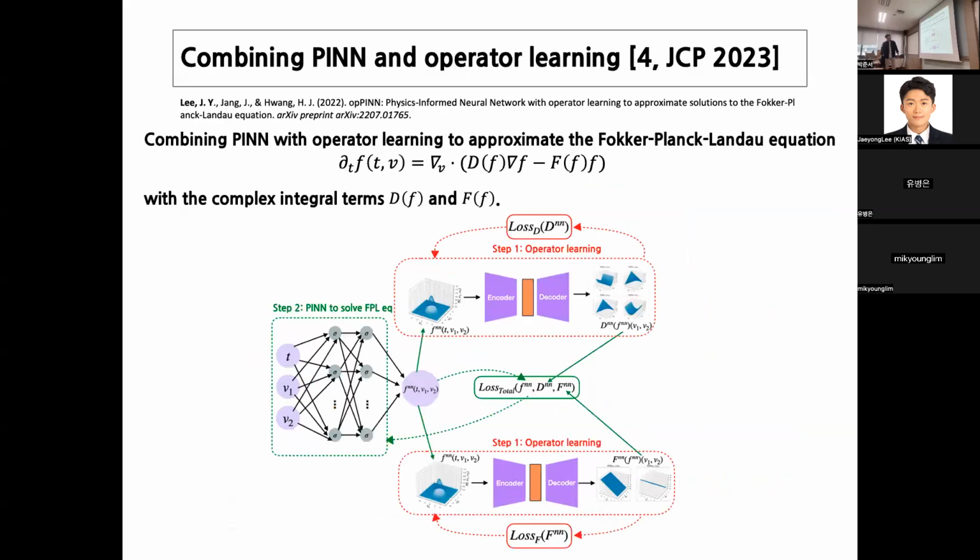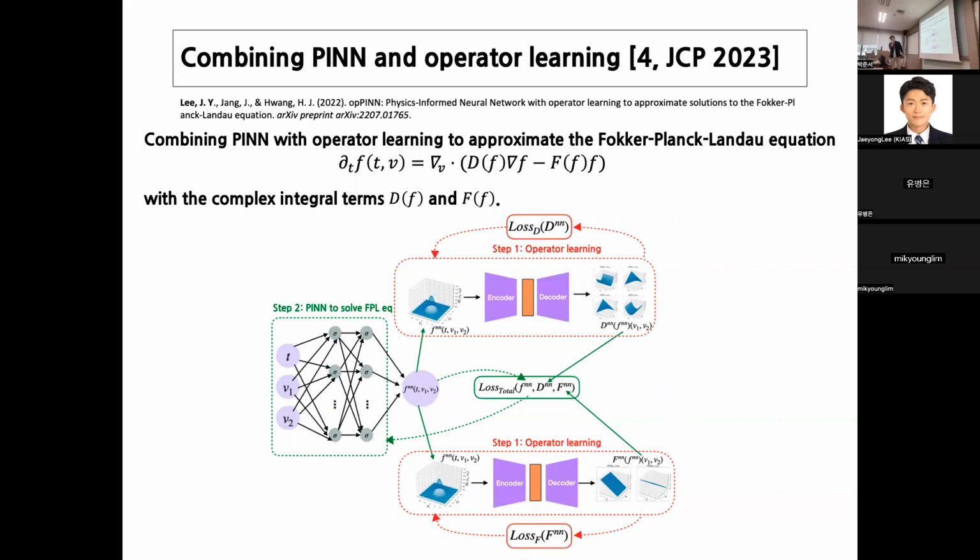And lastly, I want to introduce recent work to solve complex PDEs. It's also a kinetic equation. When we solve this kind of complex equation, the right-hand term has a very complex collision term.